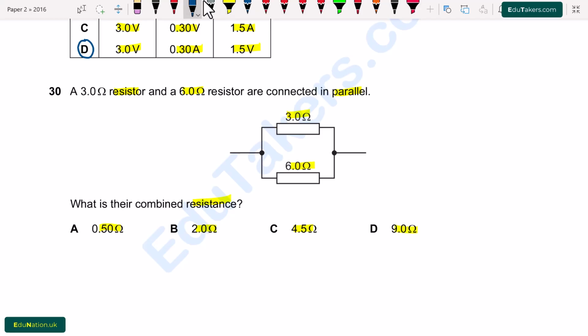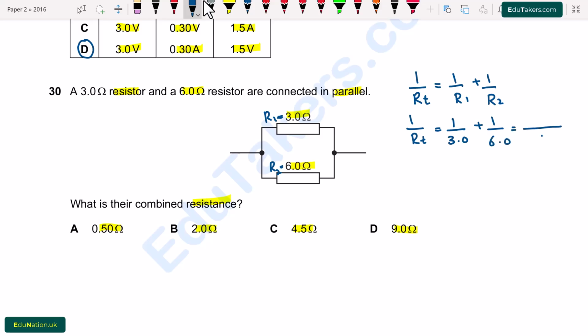In a parallel combination, when we have to find out the total resistance, we use the formula 1 over R total equals 1 over R1 plus 1 over R2. Here R1 is equal to 3.0 ohm while R2 is equal to 6.0 ohm. So 1 over RT will be equal to 1 over 3.0 plus 1 over 6.0.